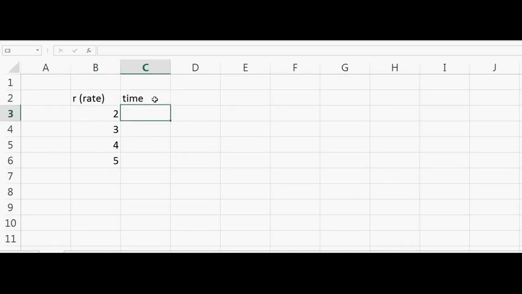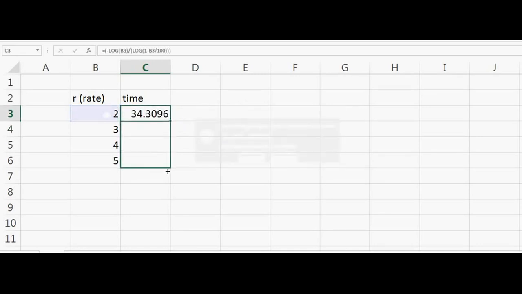So the time for your money to become half will be equal to minus log of rate divided by log of (1 - r). I'm dividing it by 100 because it's in percentage, and that's your time.